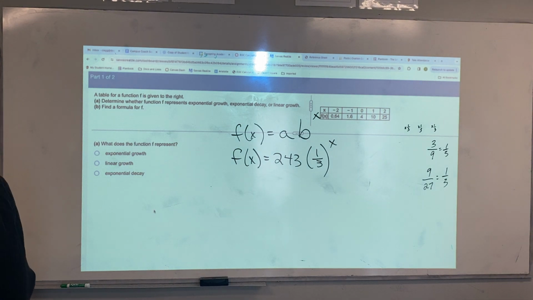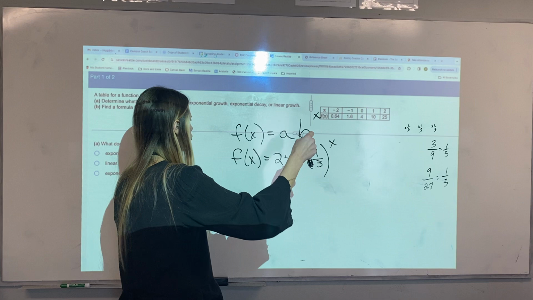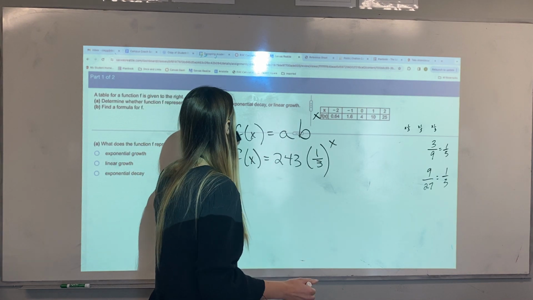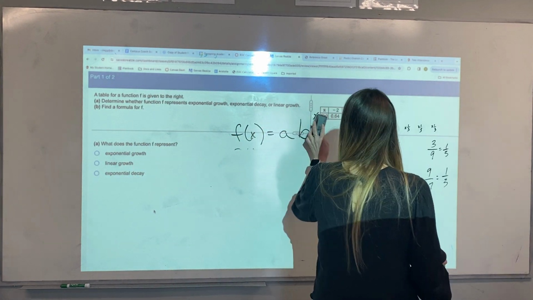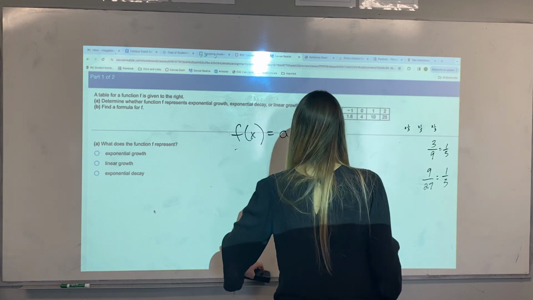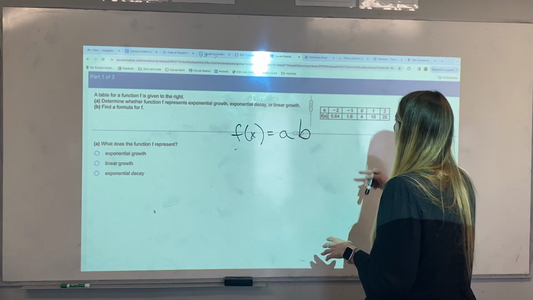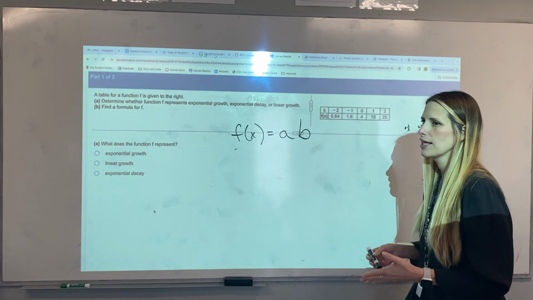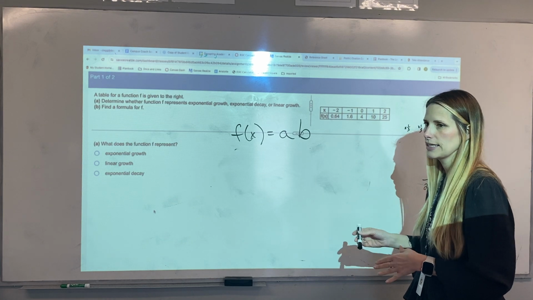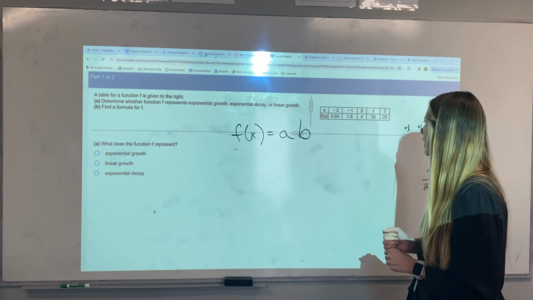Well, let's see what's happening. As x is increasing by 1, what is happening to the output? It's going up. But we have to decide, is it going up in a linear way? Is it adding or is it multiplying?